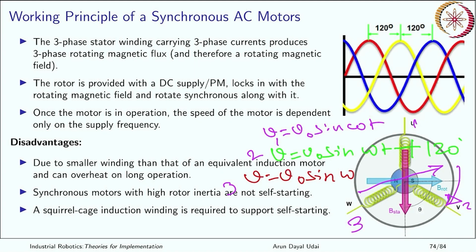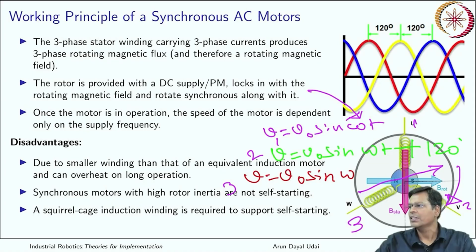Everything depends on the frequency which is supplied here. So with this frequency the field will rotate, and this carries the armature along with it. Now the rotor, which is also the armature, has the permanent magnet that follows the magnetic field. So this is how it works.